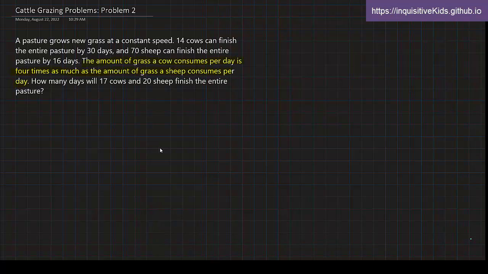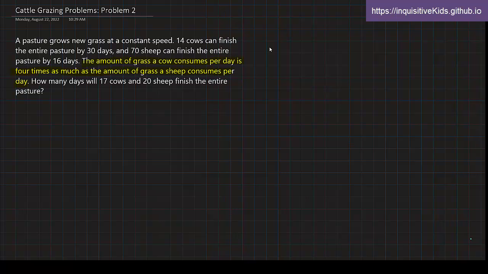Now, we're going to have some trouble with our first step, which is writing down the statement, let 1 cow consume 1 unit of grass in 1 day. So the important part here is to turn these 2 different animals into one animal. So we know the relationship between 1 cow and sheep.